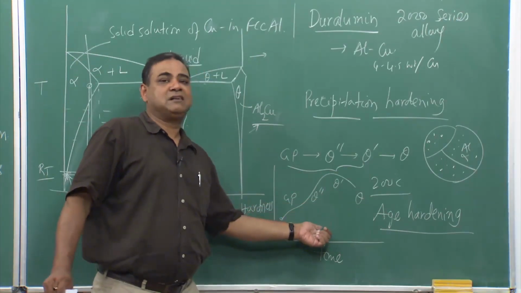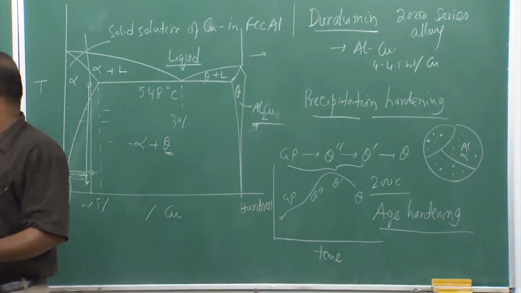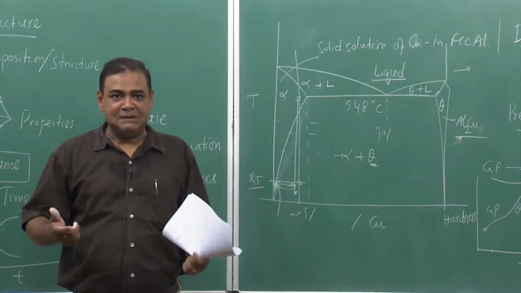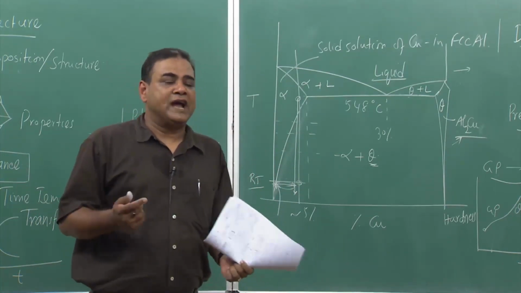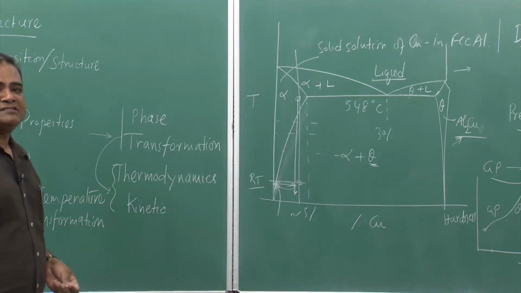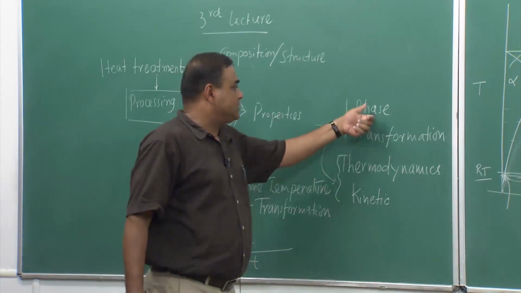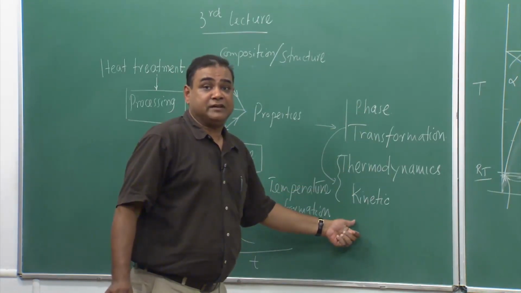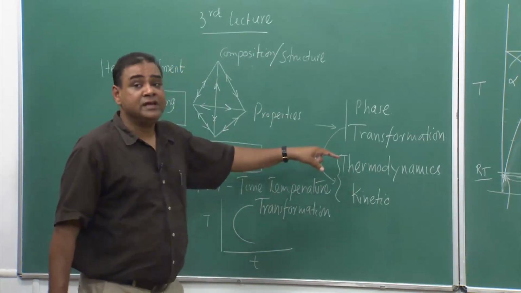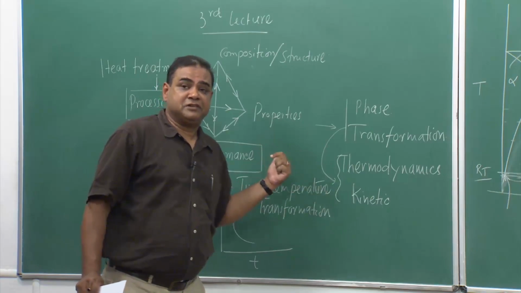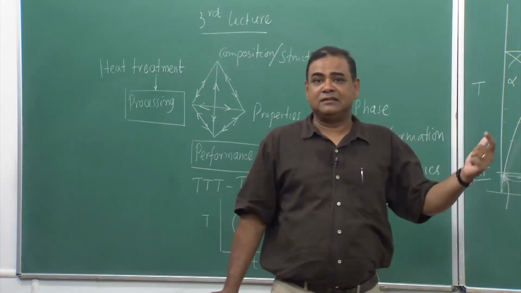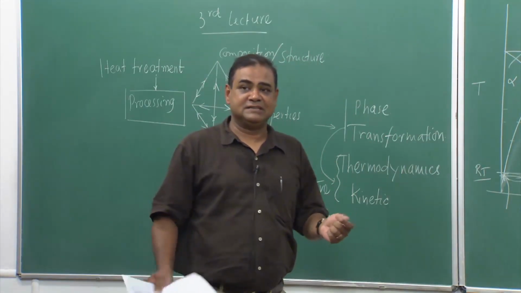So, this is a typical age hardening, which is coming due to heat treatment, due to processing. Heat treatment is extremely important, and we need to look at it very carefully. From the next lecture onwards, we will get to phase transformation, thermodynamics and kinetics, and this entire 20-hour lecture will concentrate on the fundamentals behind heat treatment, rather than just taking the sample to some temperature, holding it, taking it out and seeing the performance.